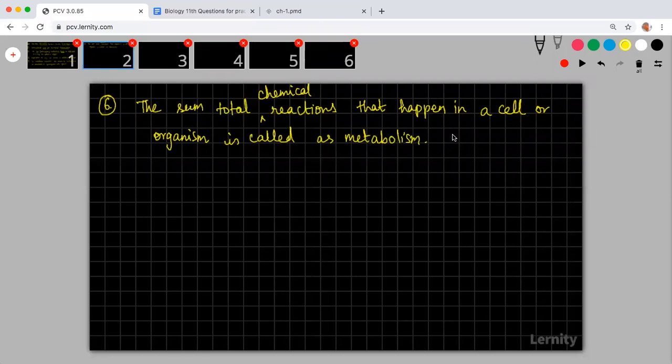What are the components of it? It consists of catabolism and anabolism.